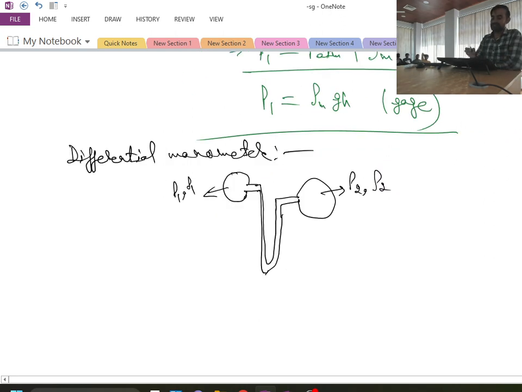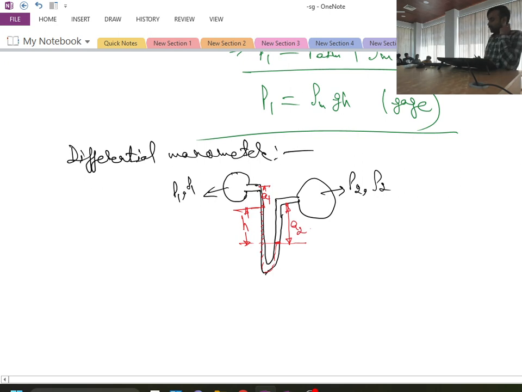For this type of configuration, if my manometric fluid is something like this, here it has height h, this height here is a1 and this height here is a2.